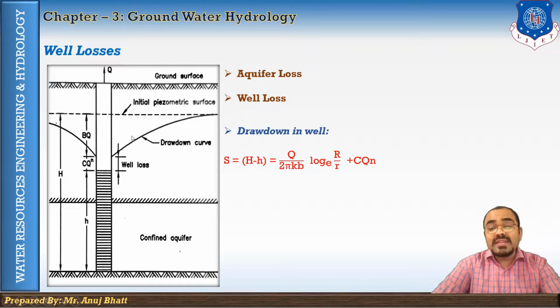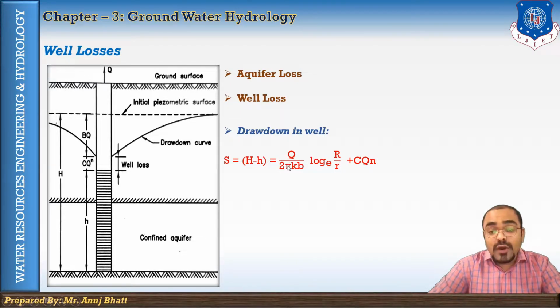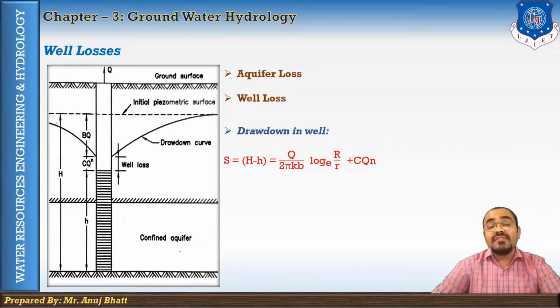Now CQ^n is nothing but the well loss. If we talk about the aquifer loss, then 1/(2πKb) log(R/r_w) will be the aquifer loss.